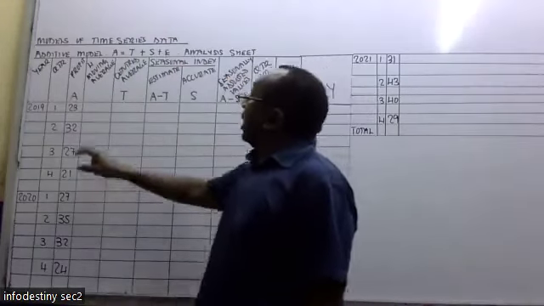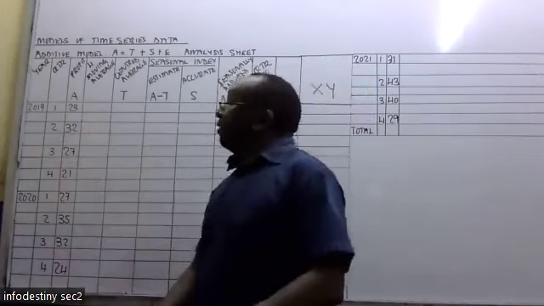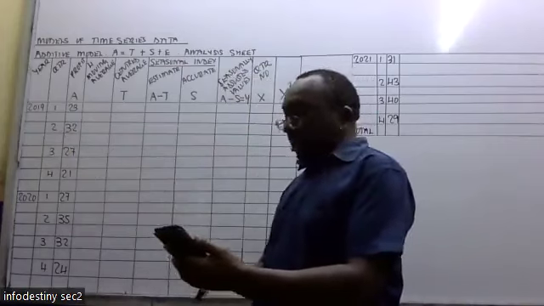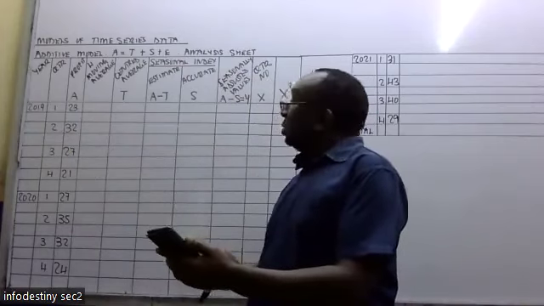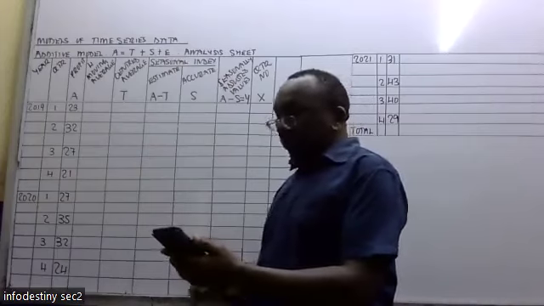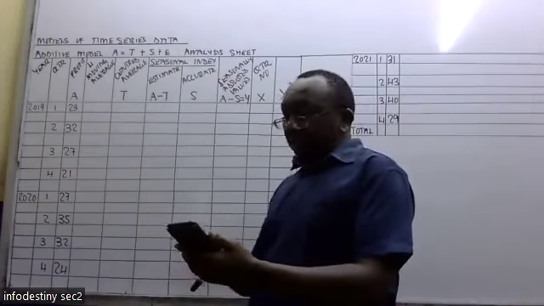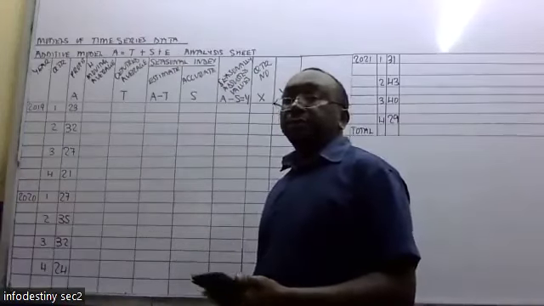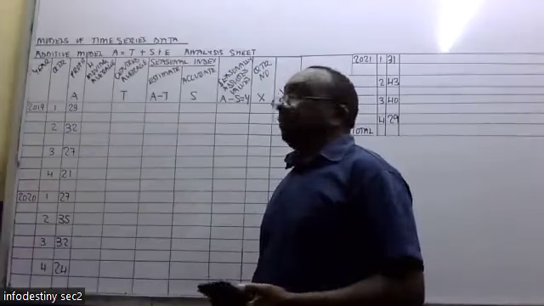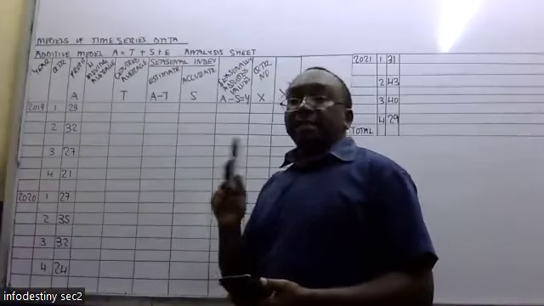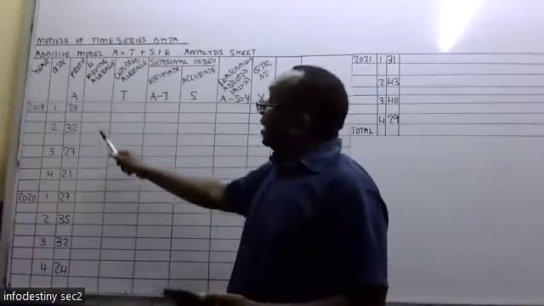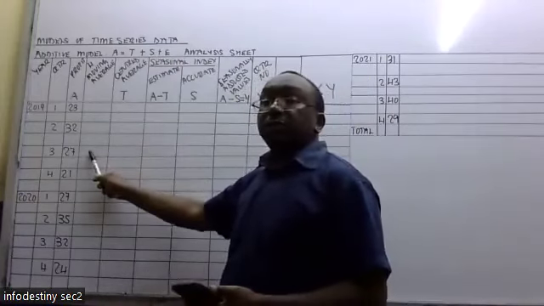Now, we are going to pick from here 4 values as we add them. So to answer, we say 23 plus 32 plus 27 plus 21 equals. That answer divided by 4. What do you have? 25. Now that 25, unlike yesterday, for the 3 moving, we were writing it at the end of those 3 values.